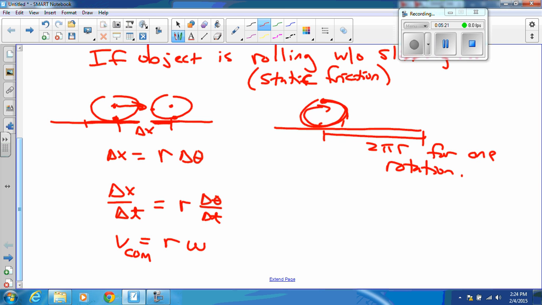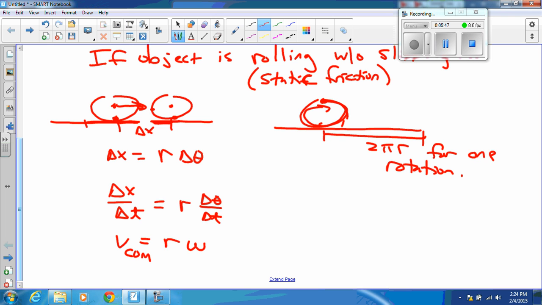This is crucial. As the object rolls along, its center of mass goes with it, so the speed of the center of mass is equal to the speed of the points on the circumference, which is r omega. The velocities are not quite the same because the direction of that velocity will depend upon where the point is on the circle.